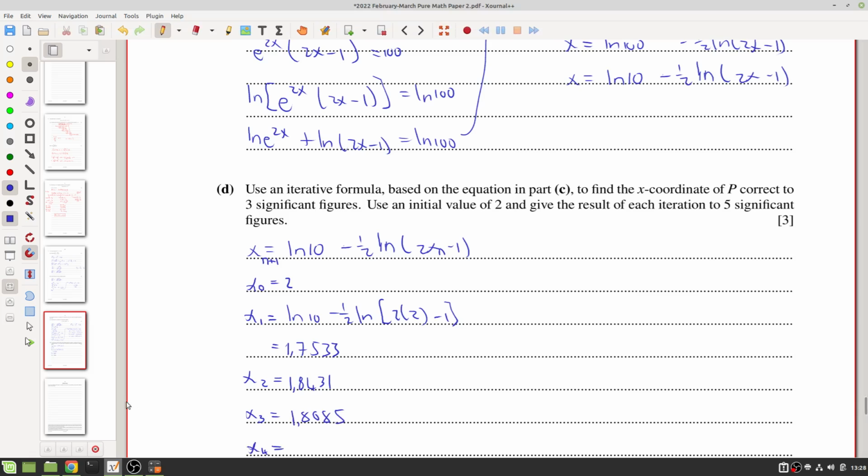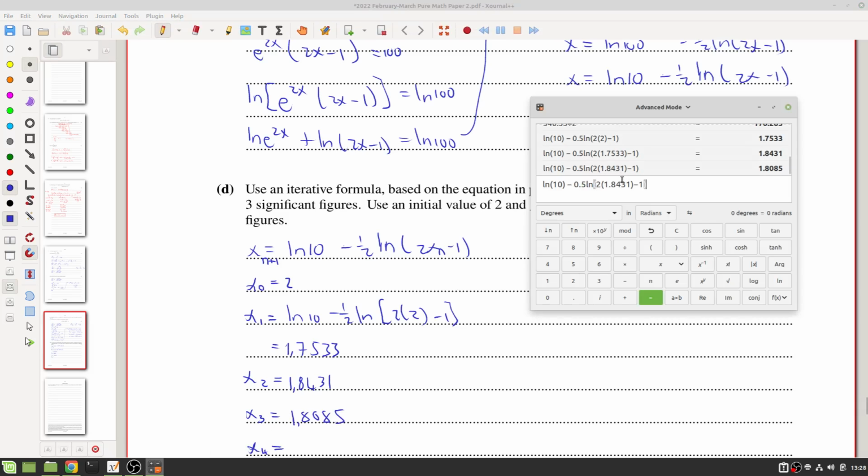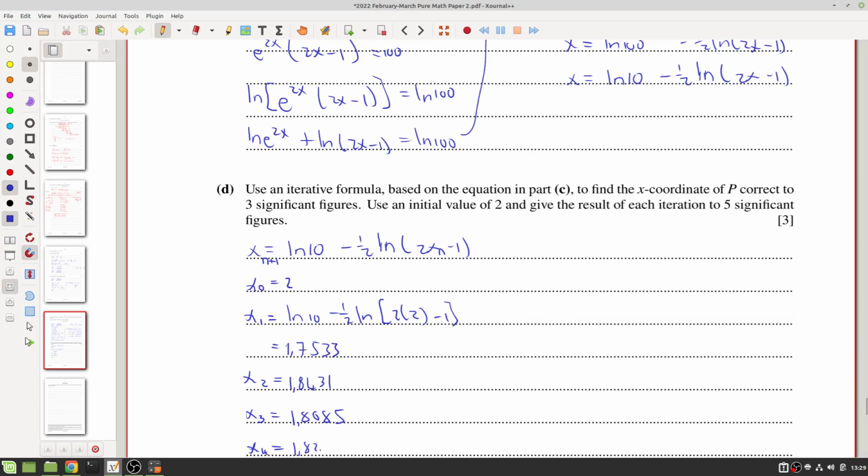x4. Then this is 1.8085, giving 1.8216. Let's continue with x5.